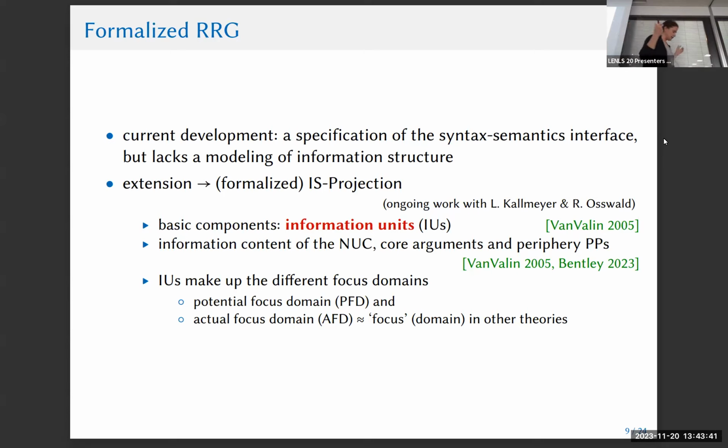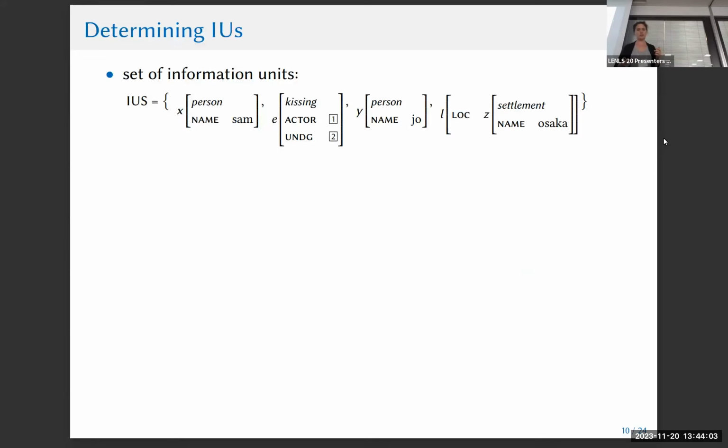And the idea is that we have these information units, and the focus domains are sets of information units. Okay, and that will give us the potential focus domain. You can forget that, it's theoretically important, but the actual focus domain is the one that is in other theories referred to as the focus or the focus domain.